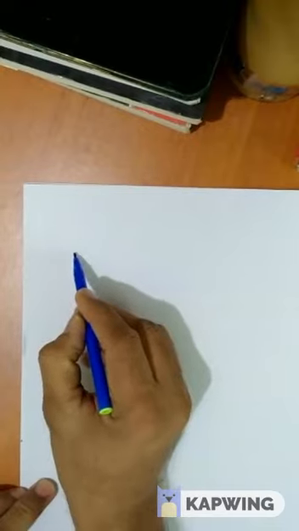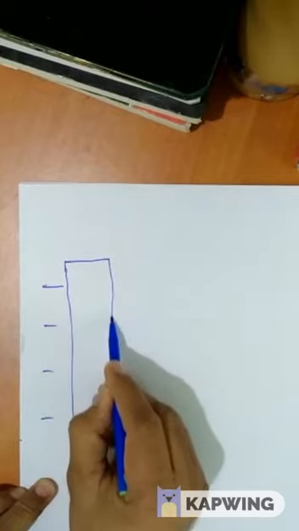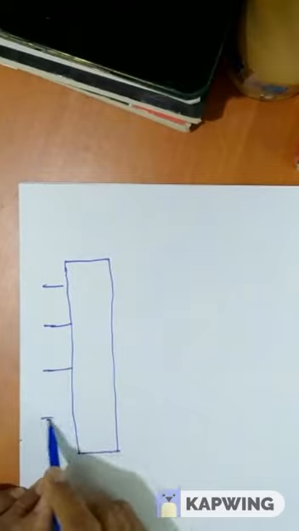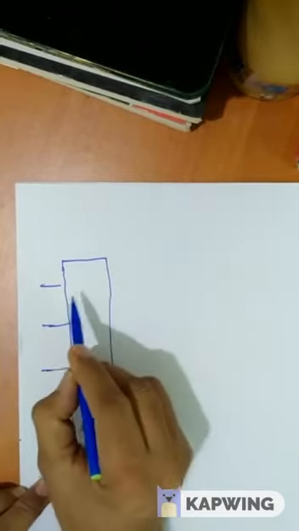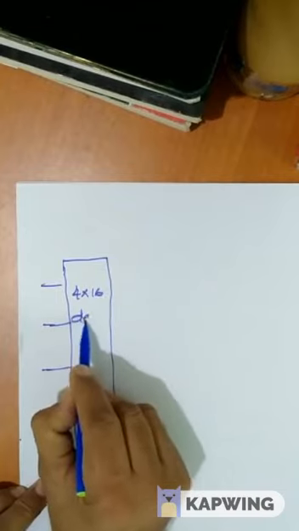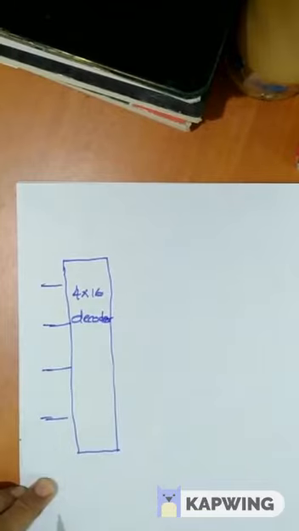You have to draw four inputs, and there must be 16 outputs. So this device must be a 4x16 decoder.